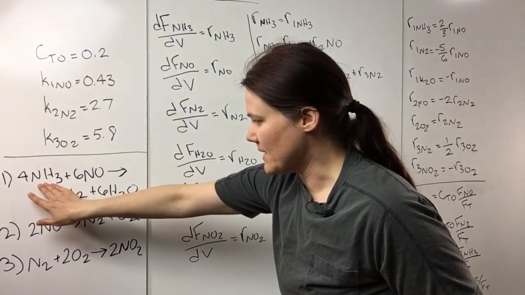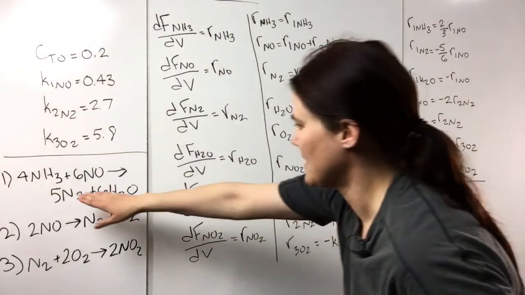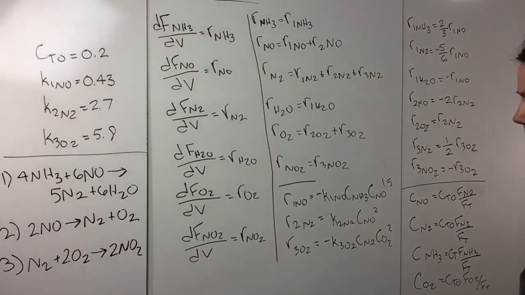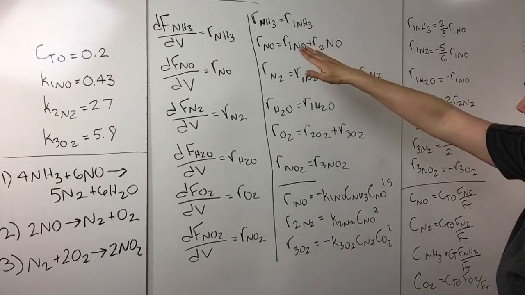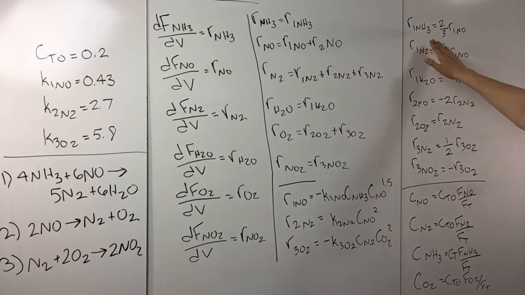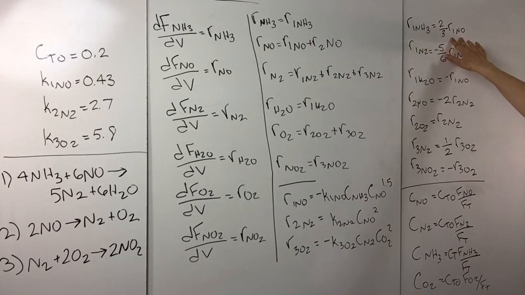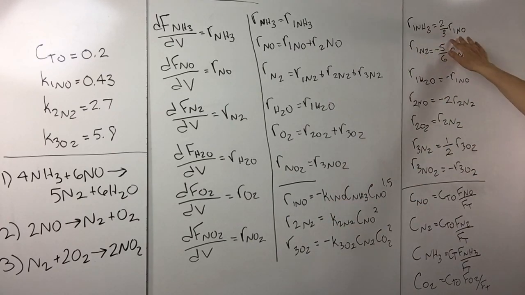Looking at these, we know that NH3 should be the rate of disappearance because it's disappearing in reaction 1. And if we write it as the rate of appearance, which we are, then it should be negative. So RNH3 is equal to 2/3 R1NO, and R1NO is negative already, so this ends up being negative. So we know that that's right.